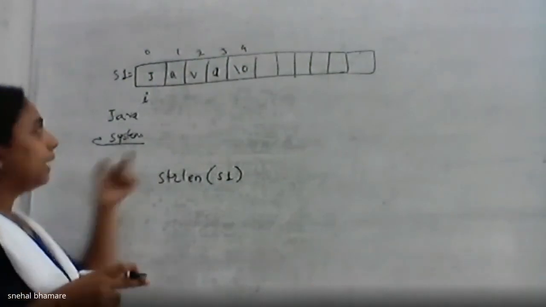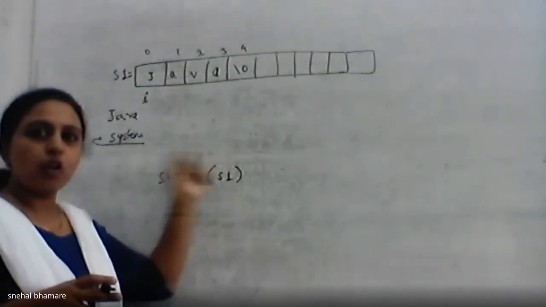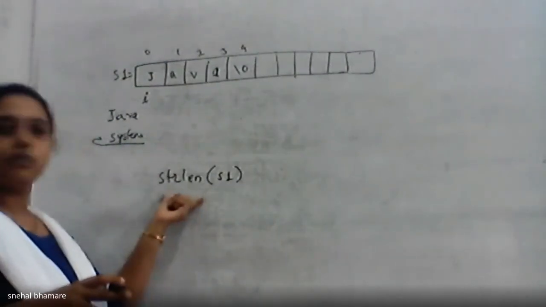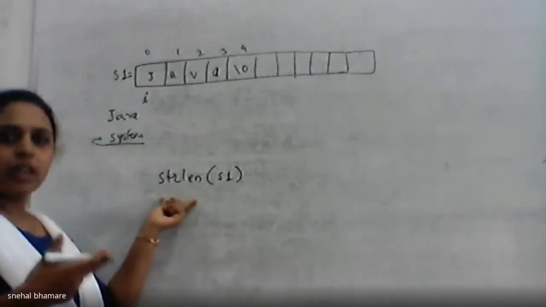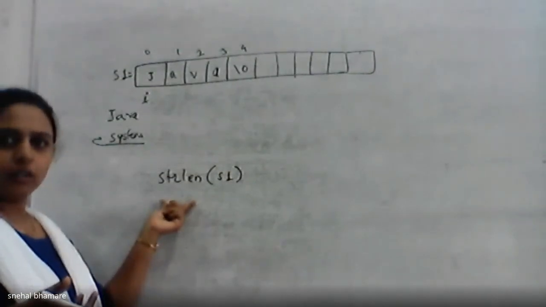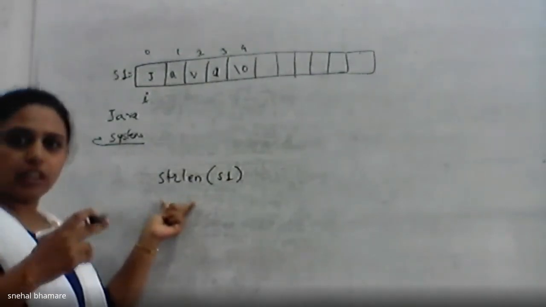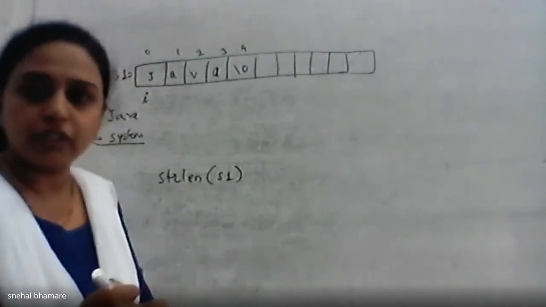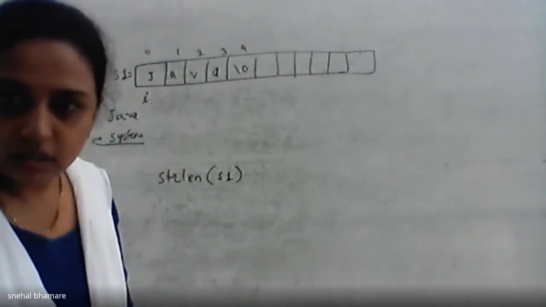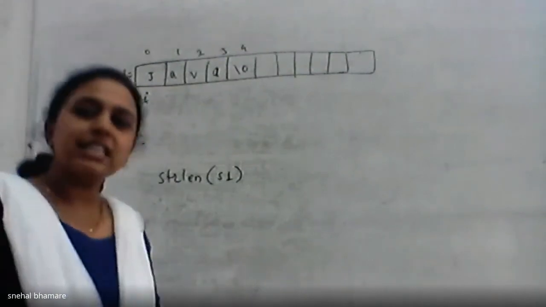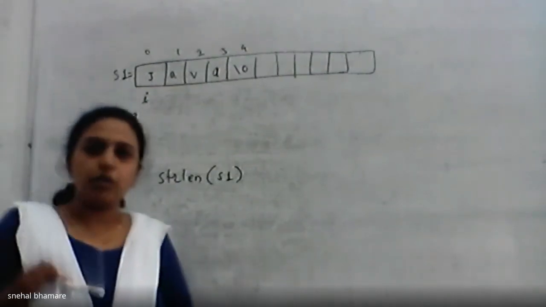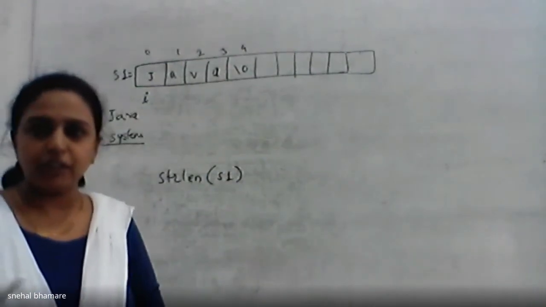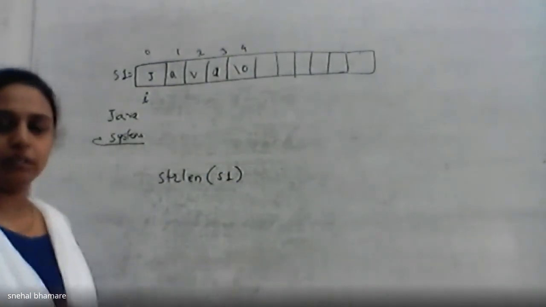But our main task here is to concatenate the two strings, right? So for this purpose, I can use the string length function, or you can apply the for loop that we used in the string length calculation function. One comment is that strcpy can be used, but as I am telling you, it is a built-in function. We don't have to use that built-in function. We have to do it manually.